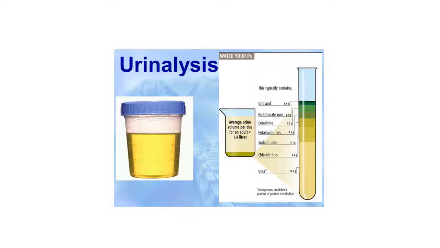And here, there's one rule of thumb. Usually, your urine becomes more acidic when you eat more animal products, like red meat especially.